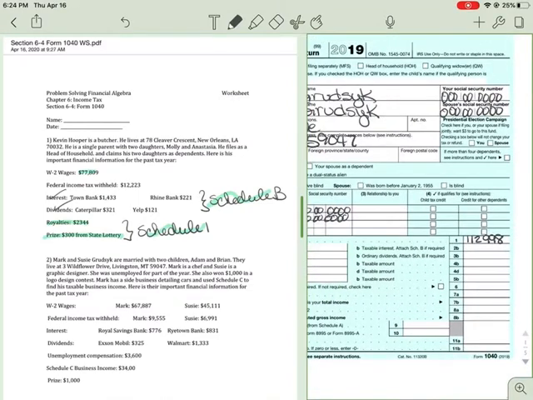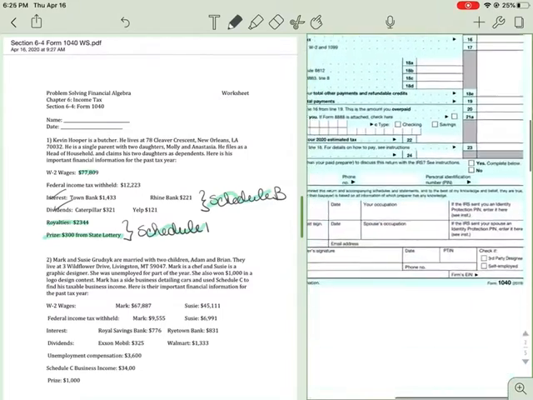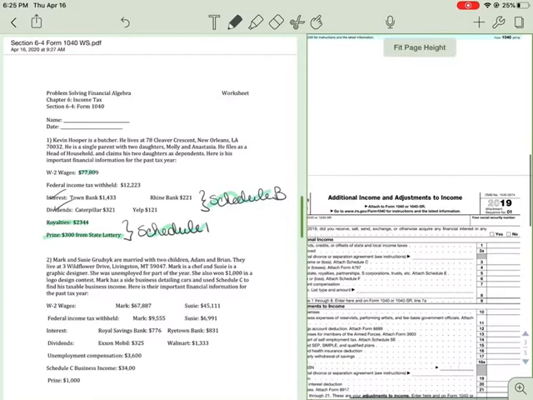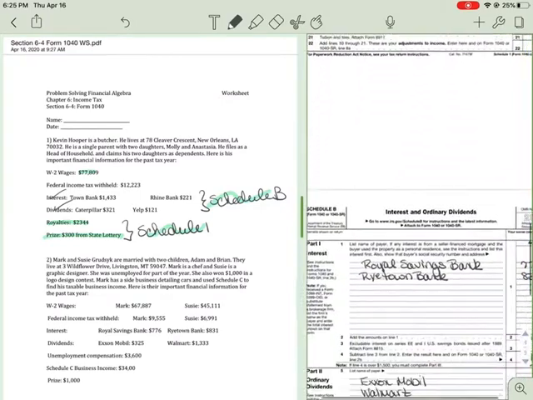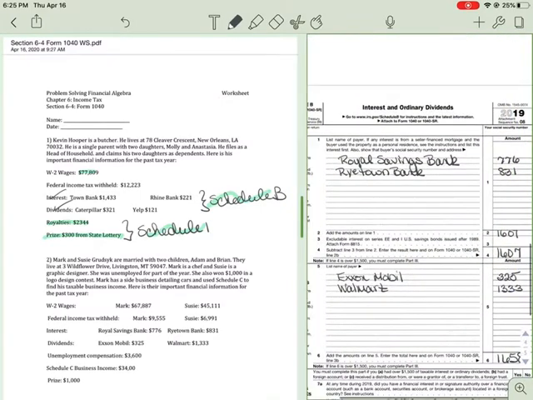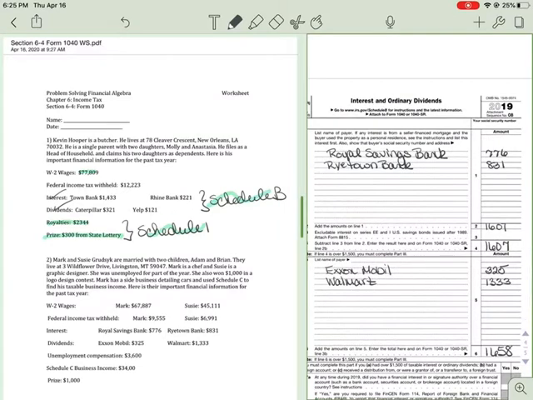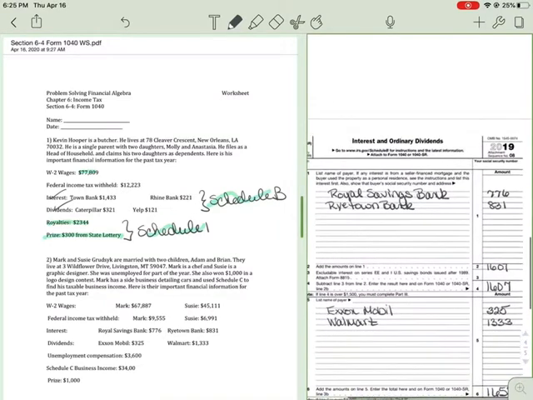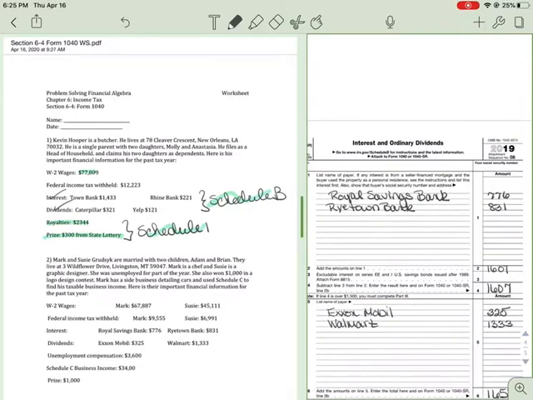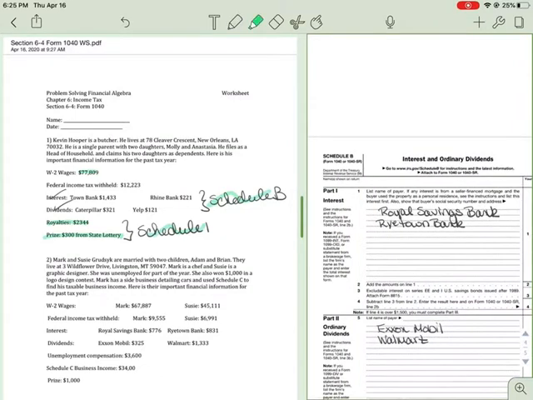Now it does say taxable interest from Schedule B and ordinary dividends from Schedule B. So I have attached both of those. Here we go, I've already filled that out. For interest and dividends, we have Royal Savings Bank and Rytown Bank. This is the Schedule B, which is the interest and dividends.